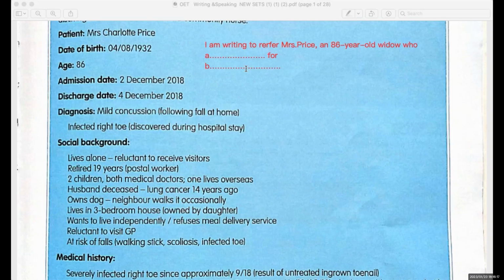Of course, if you were to write a discharge letter, okay, there's a mistake there, spelling. Sorry, refer. Not very good at typing. So I am writing to refer. I'm writing to discharge. I'm writing to transfer. Of course, that refer can be changed to some other forms as well, depending on the type of letter you're doing. But here, what I'm focusing on is what do you do in that blank A and blank B?